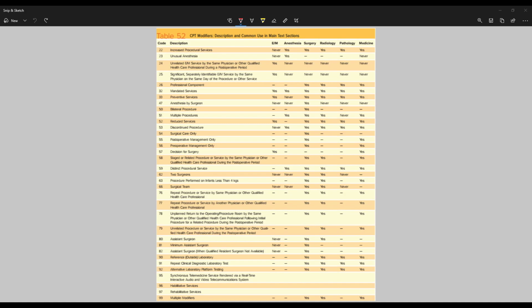Again, 79 is unrelated procedure, same physician, generally in the post-operative period. Now, a very, very similar code is 59. This is a distinct procedural service. So we're, again, talking about an unrelated procedure. But this time it has to be on the same day, and it has to be a completely different patient encounter.